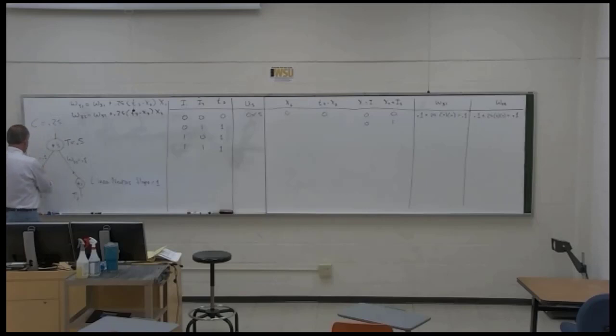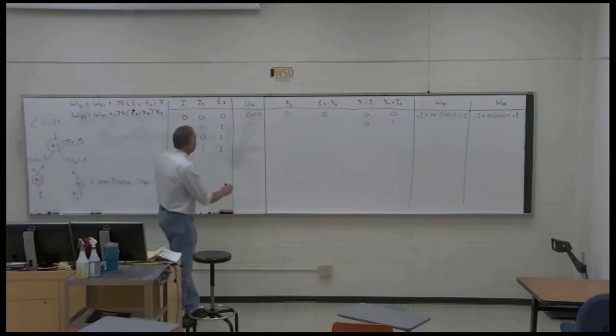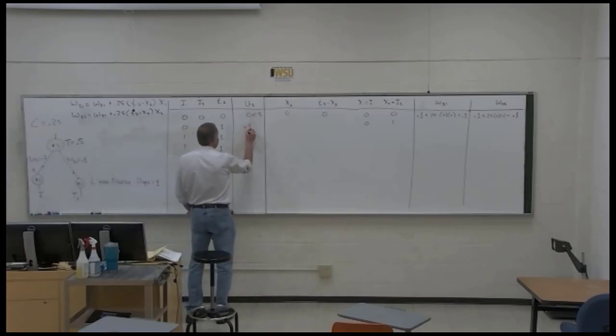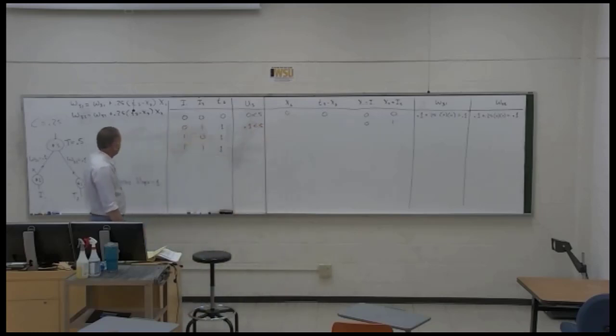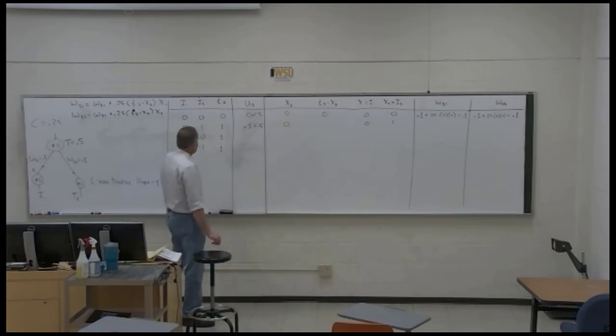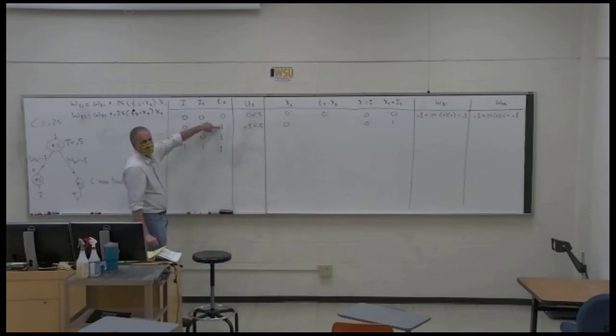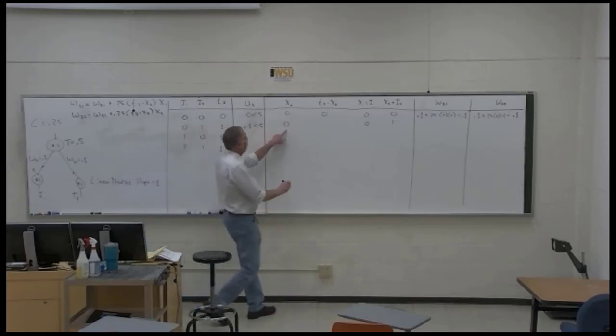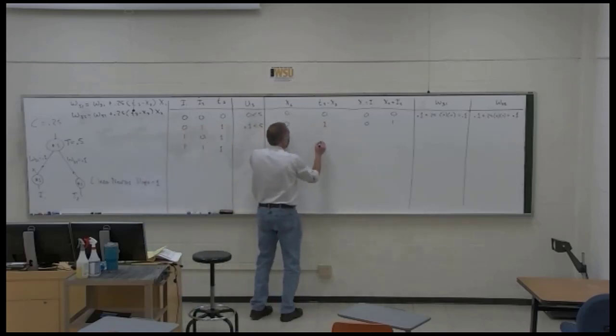So we have a 0 times 0.1, a 1 times 0.1. So the net input is 0.1, and it's less than the threshold. So we still get a 0 out. But now we wanted a 1, we got a 0, so the error is 1.